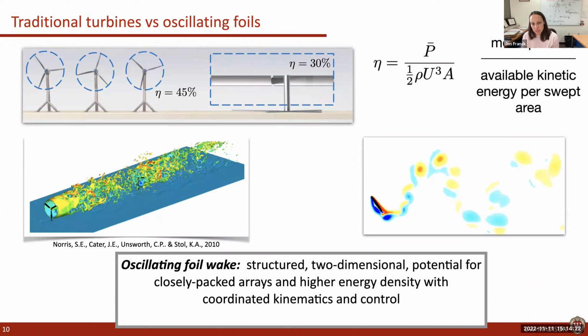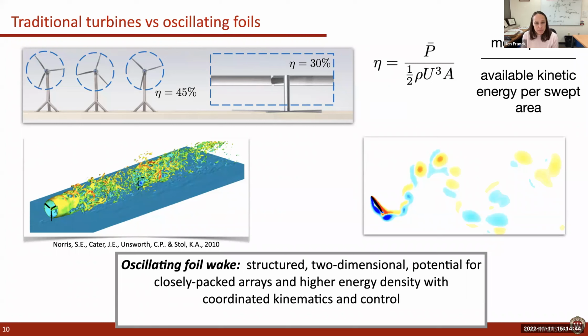However, with an oscillating foil, in theory, you could change your heave amplitude and sweep a larger area. So that denominator becomes a moving target. Traditional efficiency might not always be your best metric for comparing these two systems. So that's my first argument.